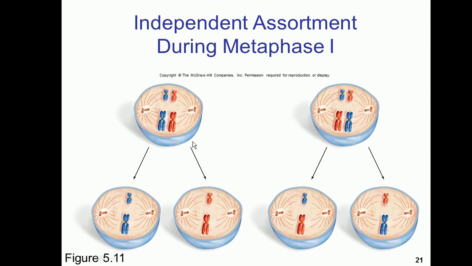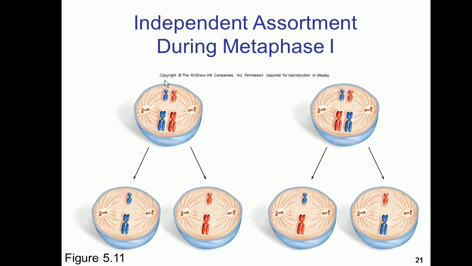So how the chromosomes align at this point is very important for how the gametes are going to be formed. All the blues on this side or all the reds on this side, how they are aligned, they are independent.